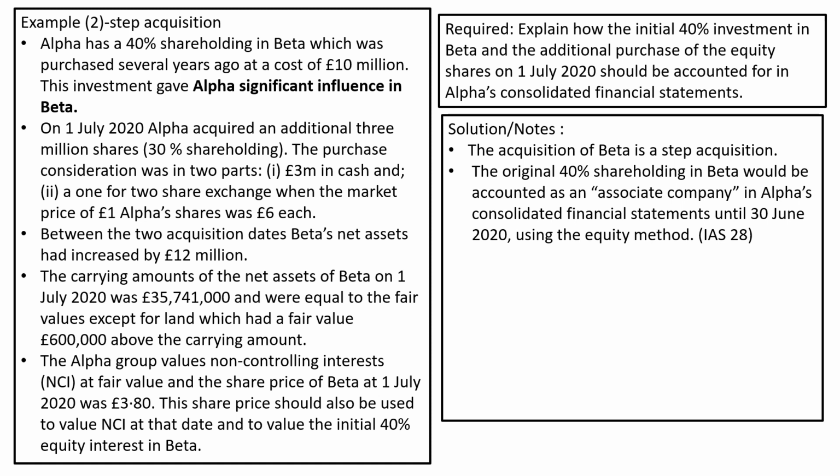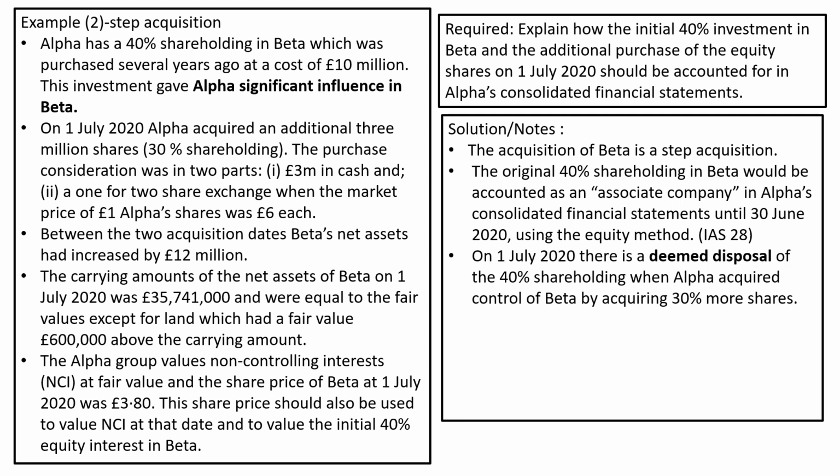The original 40% shareholding in Beta would be accounted for as an associate company in Alpha's consolidated financial statements until 30th of June 2020 using the equity method. As you can see from the example, Alpha had a significant influence in Beta.